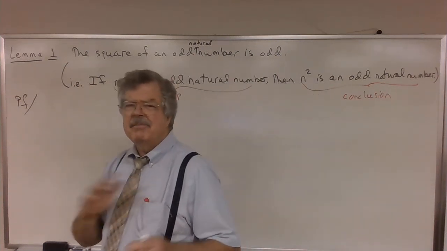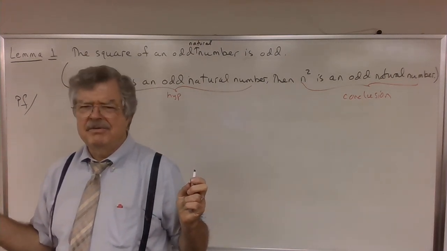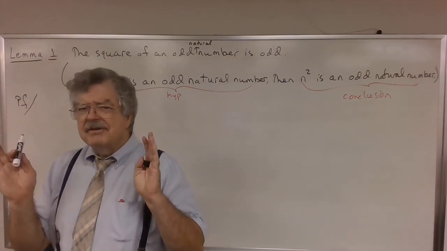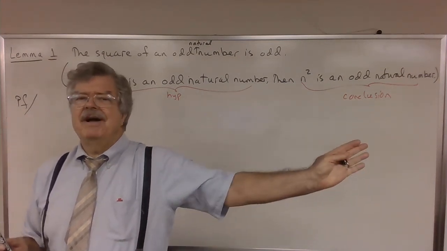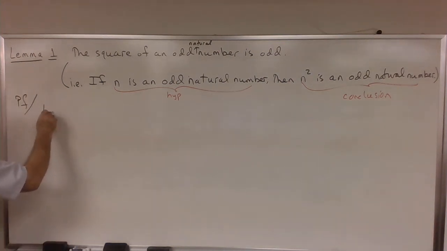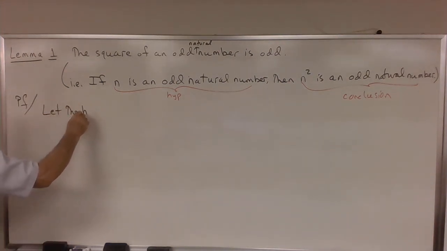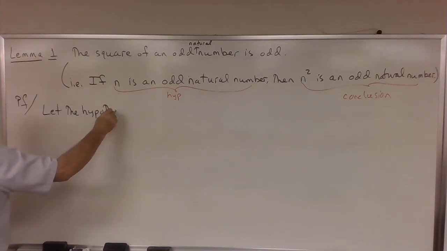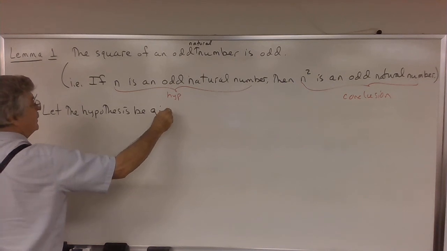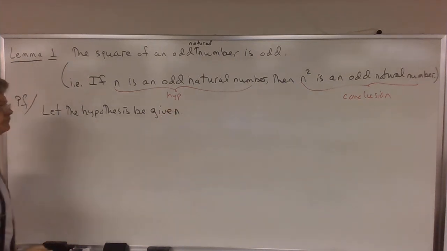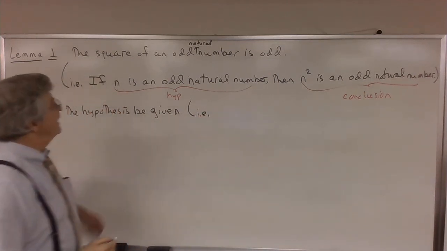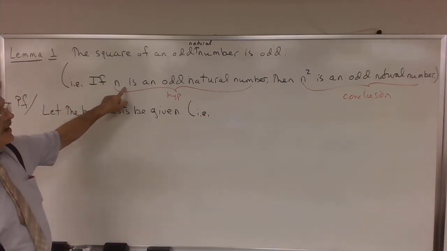But because I have absolutely no idea how to do this, I'm just going to say, let the hypothesis be given. And our hypothesis is that n is an odd natural number.